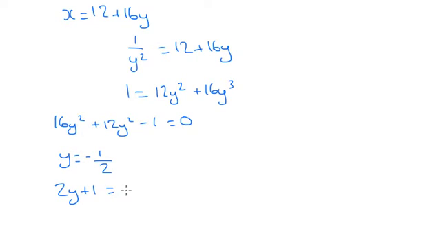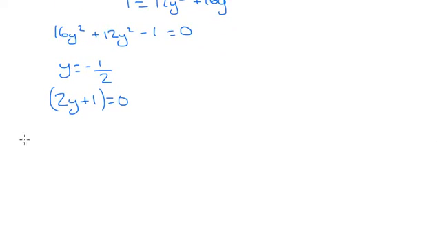Because if that equals 0, I take 1 away and divide by 2. So that's one of my brackets. So we know that, sorry, that should be a cube there, we know that 16y cubed plus 12y squared, take away 1, can be written as 2y plus 1 times some quadratic.